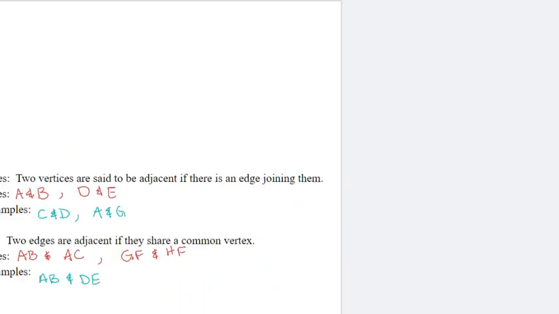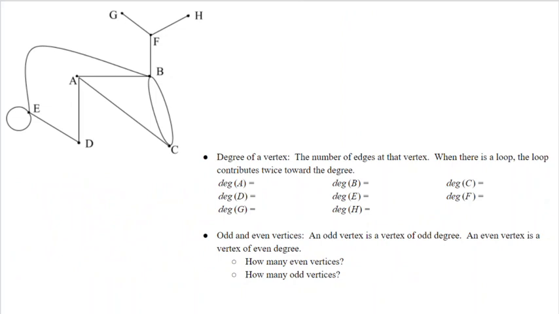All right, again, continuing with the same diagram. So we are going to look at what is called the degree of the vertex. This is a very important concept, but it is pretty simple. The degree of a vertex is just the number of edges at that vertex.